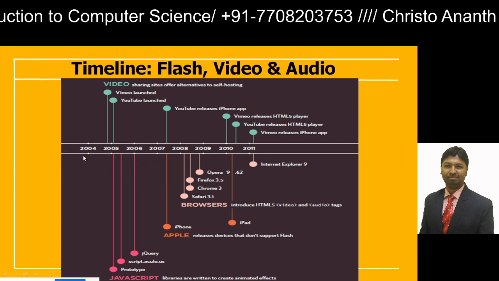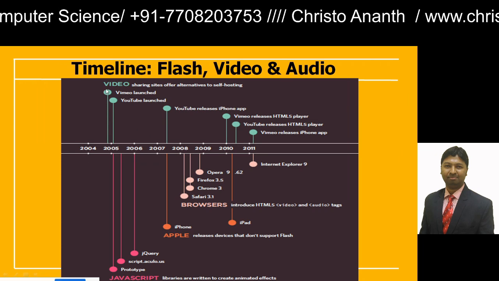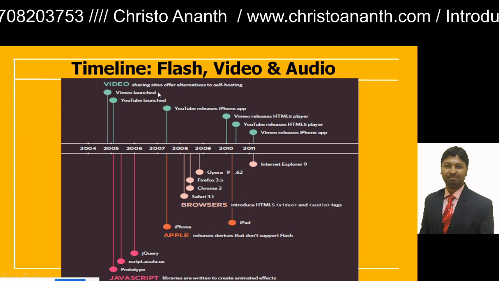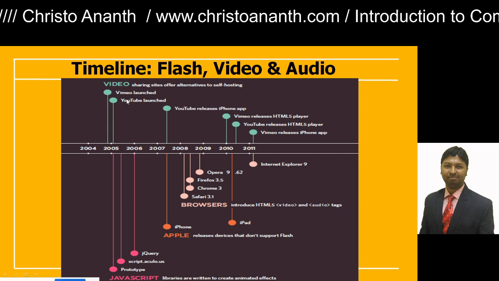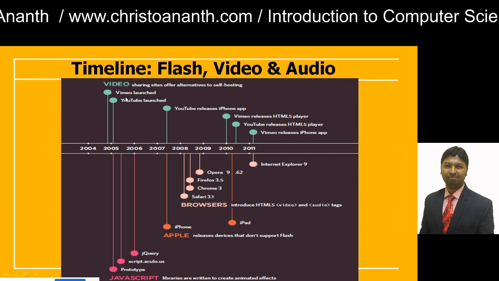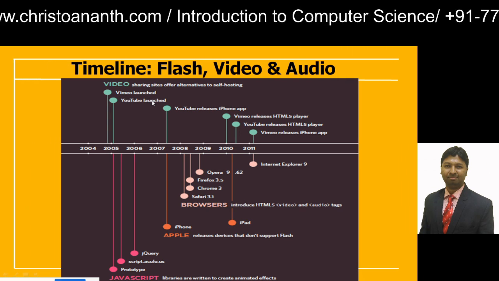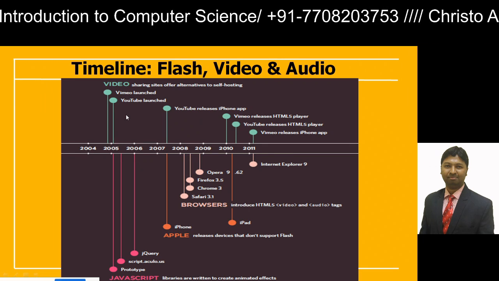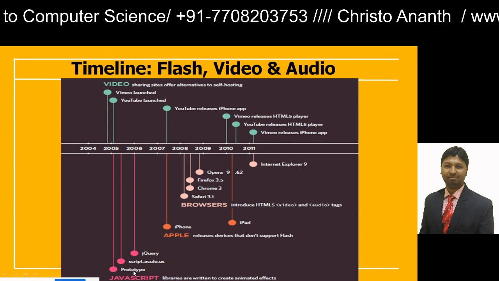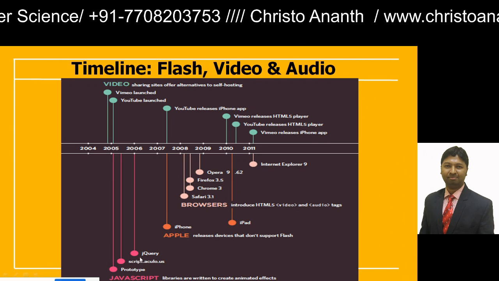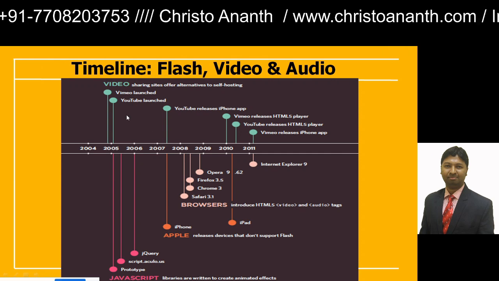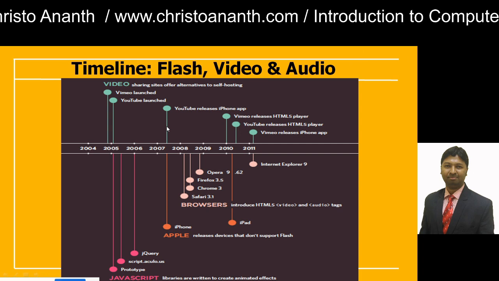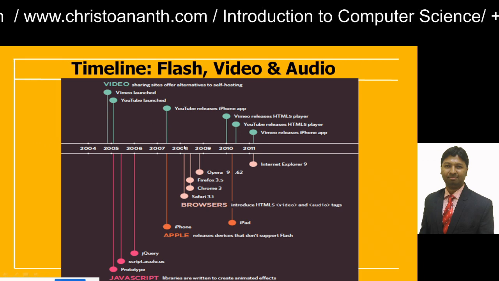Now from 2004 to 2011, let's see how it developed. We have video sharing sites as alternatives to self-hosting, and then Vimeo, which you would have heard about, was launched, and after that in 2005 you have YouTube. In JavaScript, you have Prototype, script.aculo.us, and jQuery, and after YouTube came, YouTube released an iPhone app between 2007 and 2008.